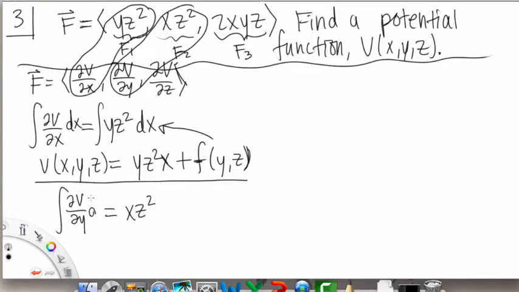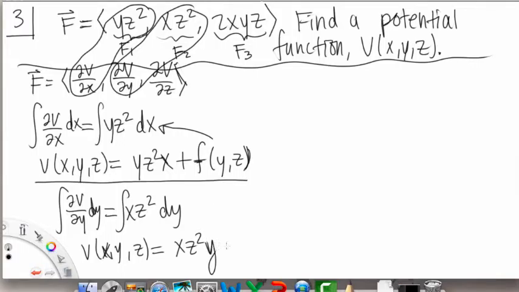If we integrate with respect to y on both sides, we get another candidate function: v of x, y, z equals x times z squared times y, plus some function of x and z alone, because x and z are considered constant in this integration. So this is another candidate.